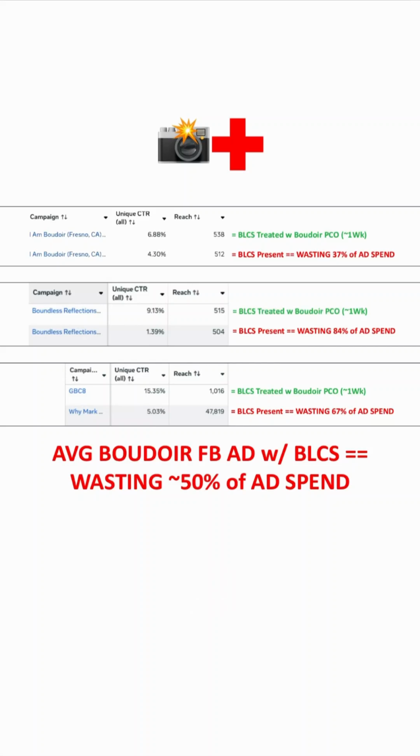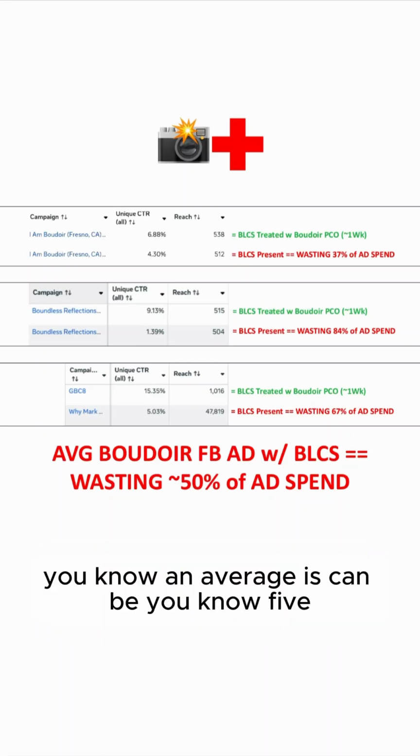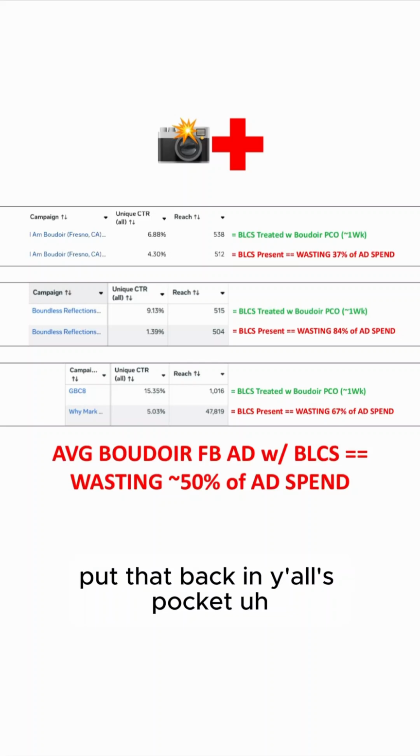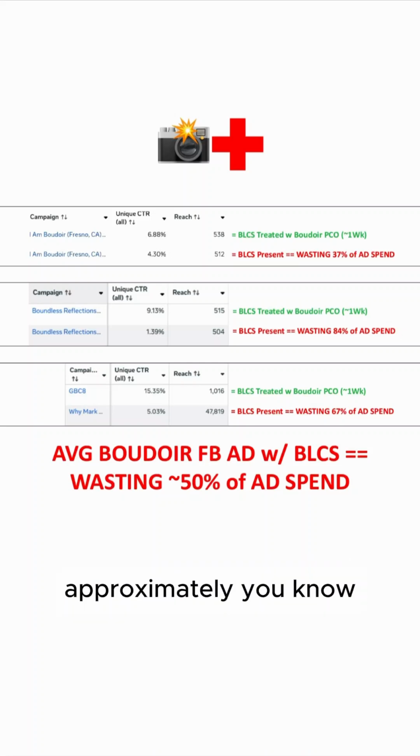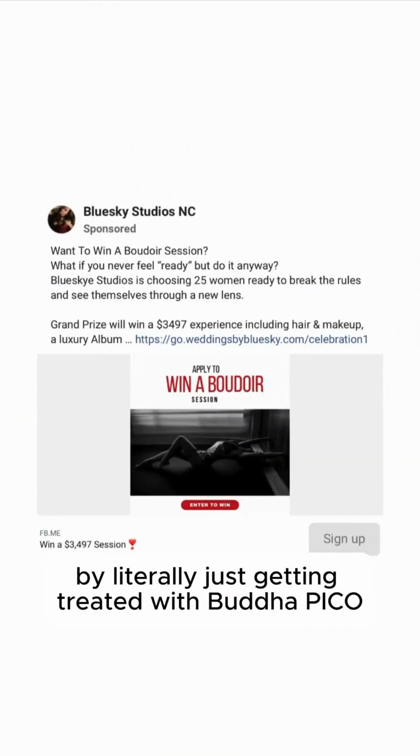So if they're spending 10 grand a month on Boudoir Facebook ads, on average, five out of 10 Ks can be wasted every single month, and we can eliminate that, put that back in y'all's pocket, approximately 60K over the next year, treated with Boudoir Pico.